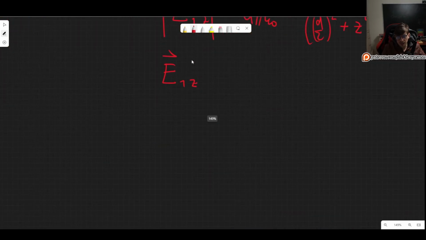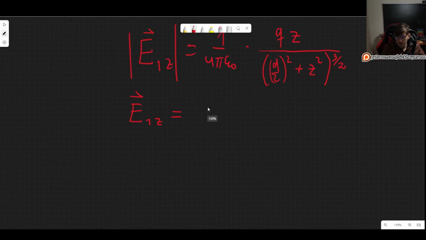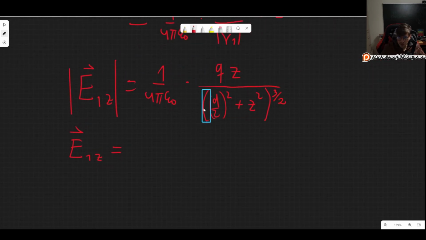Again, we could have done this calculation with the other charge, but it doesn't matter. I just use this one because, I don't know, I liked it more. So any vector is its modulus times the direction, and this is in the z direction. So of course the direction is z hat.